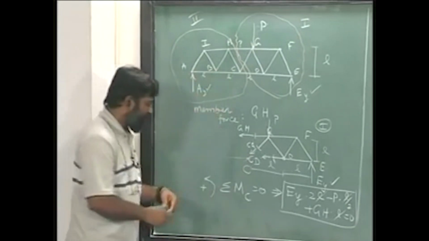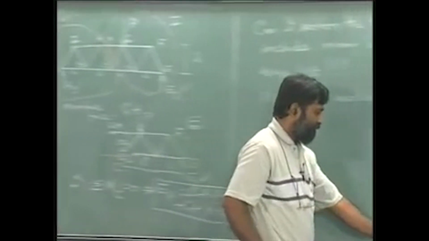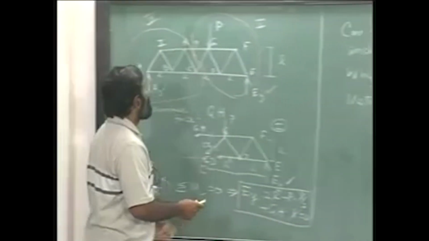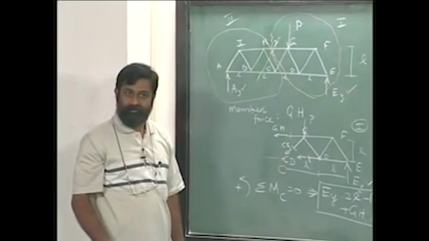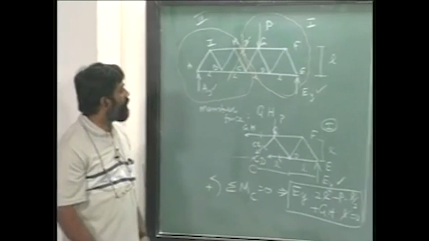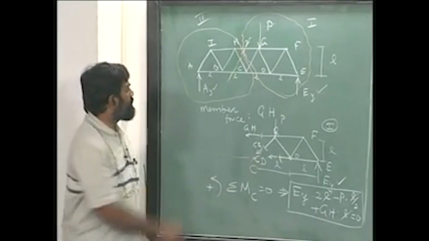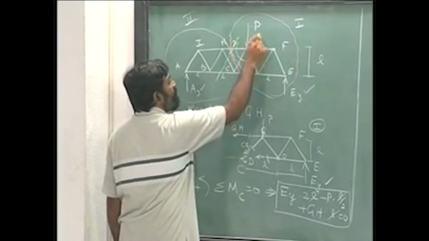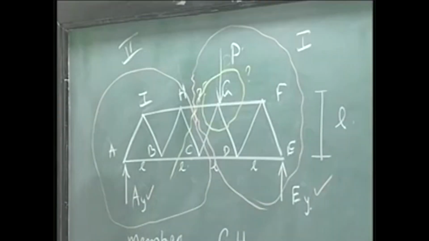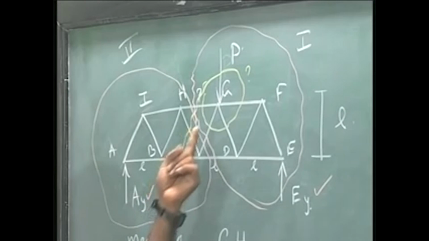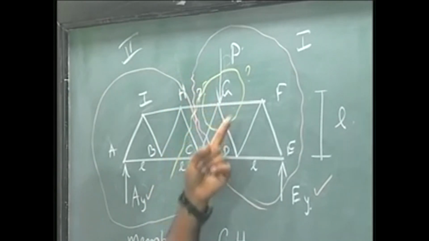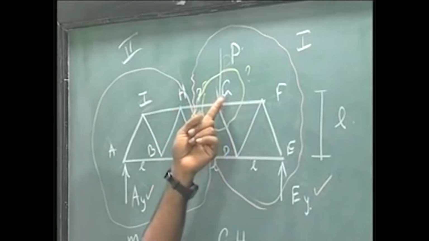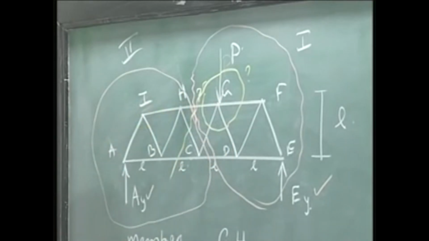Is there any other way of cutting? For example, can I ask you, what if I had cut like this? Is this cutting okay? Not okay, because this is what we did for method of joints. We had to know the other forces in order to solve for GH.